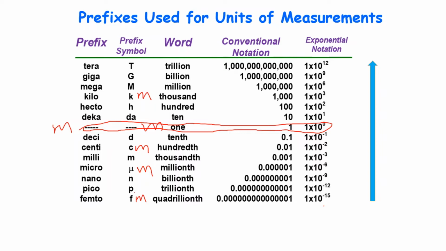And the largest one, of course, is the one on top: 1 terameter, Tm, equals 1 trillion meters. So the units at the bottom are smaller, and they increase toward the top.